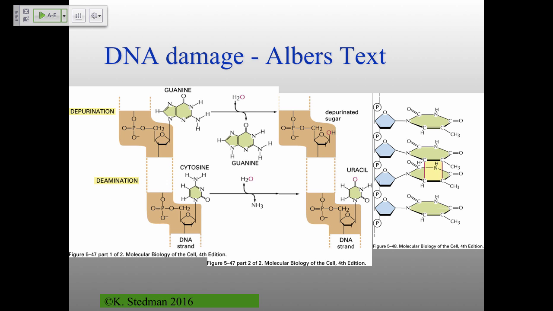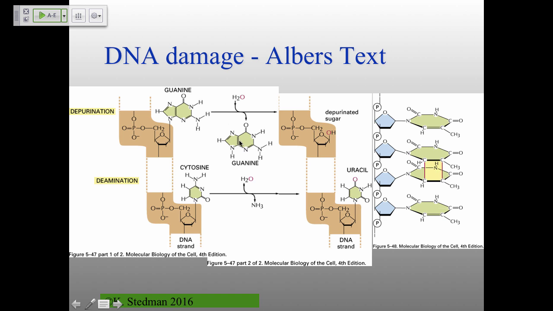This is why I often have a question like this on exams, because we talk about it a lot. Again, this process, hydrolysis of the glycosidic bond, between your phosphodiester backbone coming off at the 1' position of your deoxyribose. Here's your purine that gets chopped off.